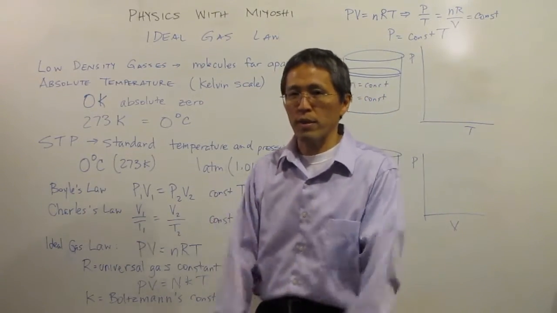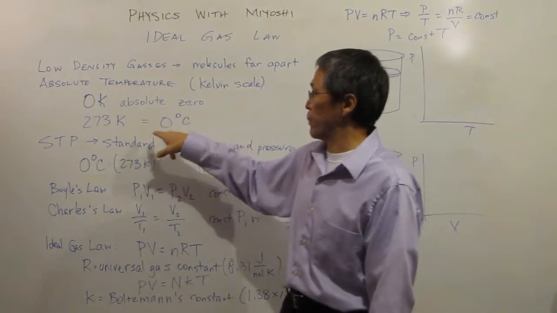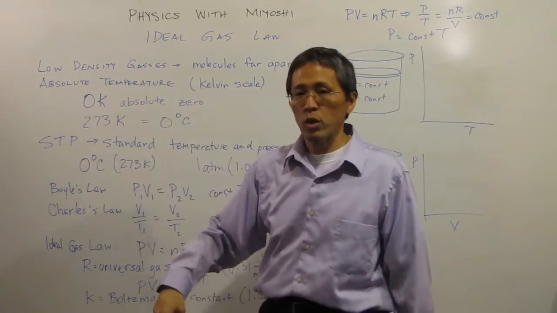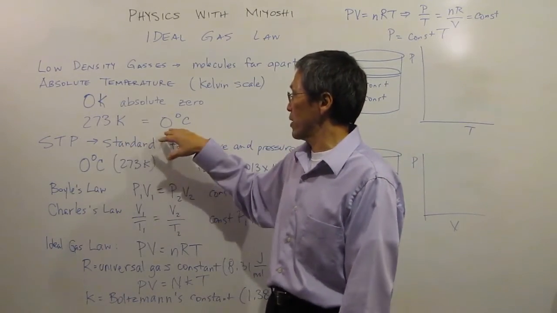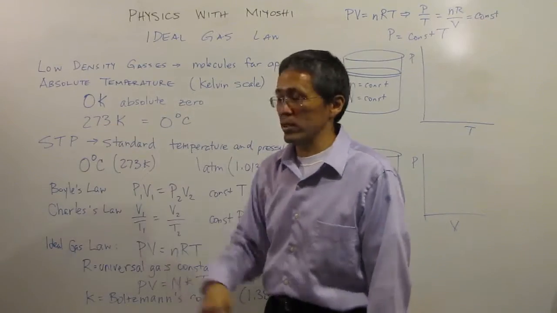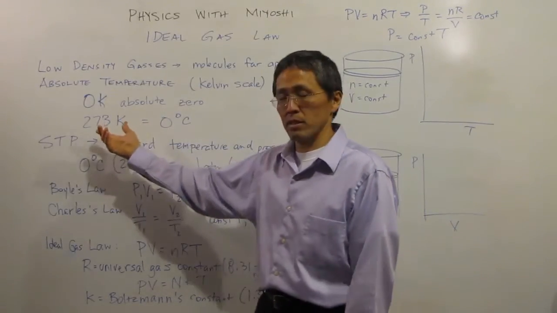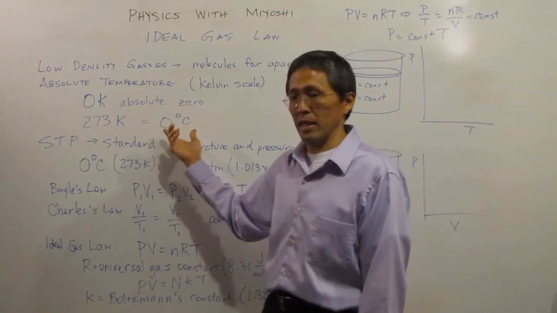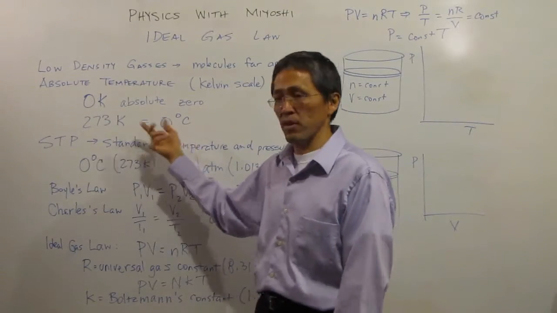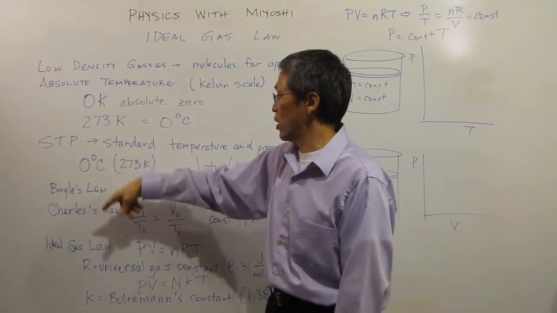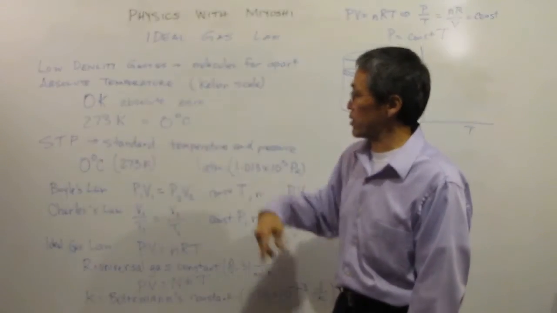The molecules in the matter wouldn't move anymore, and absolute zero happens to be negative 273 degrees Celsius, or another way to say that is 0 degrees Celsius is 273 Kelvin. The units are essentially the same as in our Celsius scale, so for every degree Celsius that you move up, you move up a Kelvin as well. So that's what Kelvin, the absolute temperature scale, is.